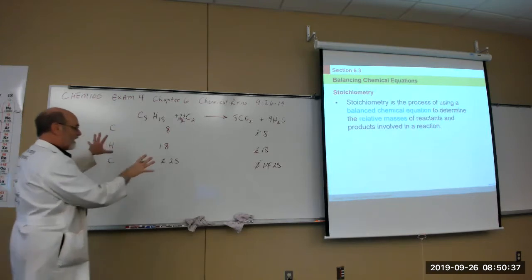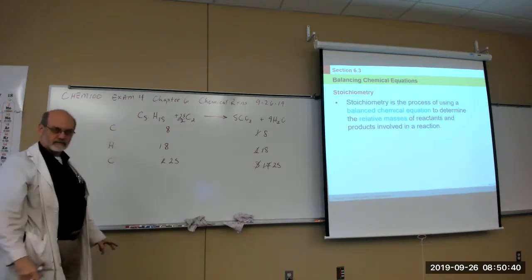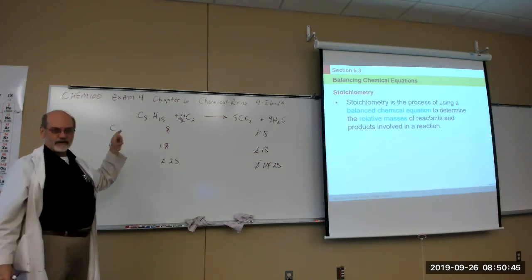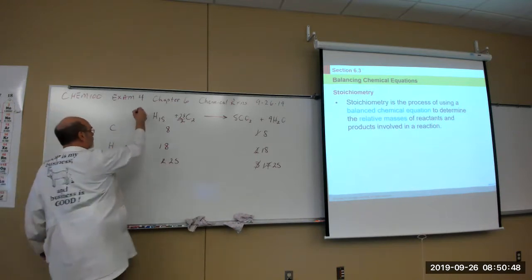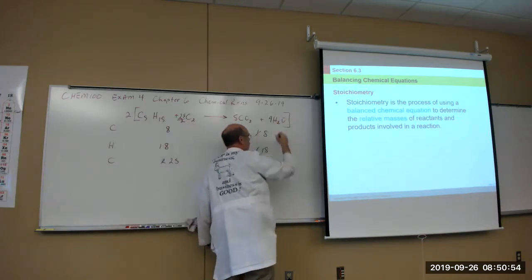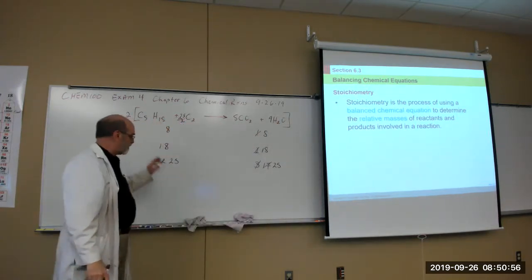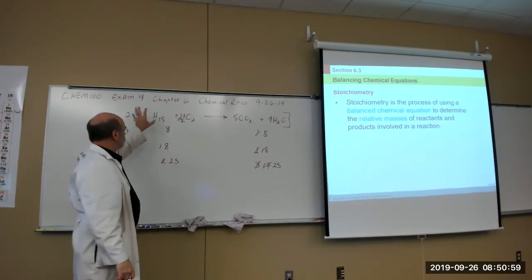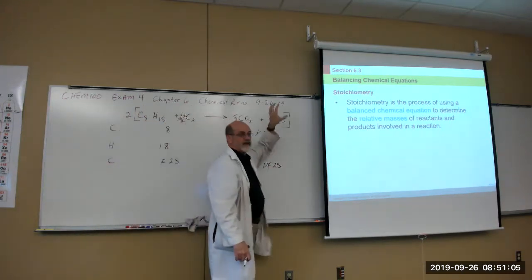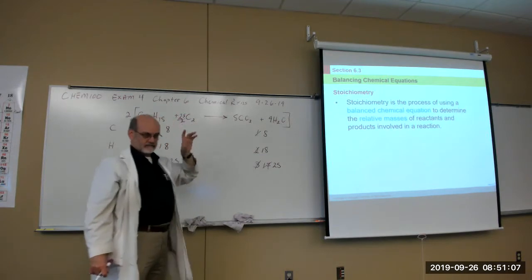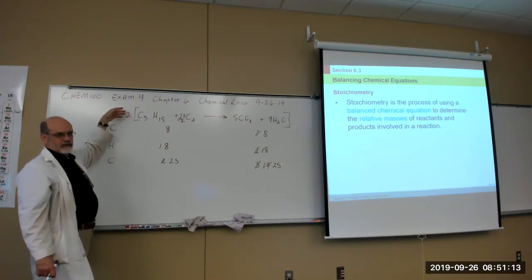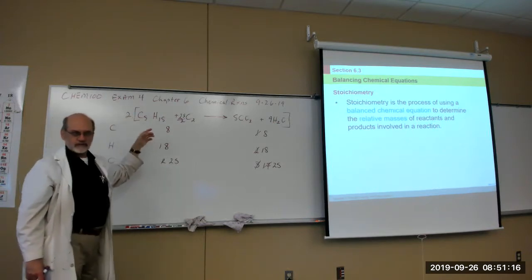So now that we've got it balanced, we want to get rid of that fraction. How do you get rid of the fraction? Multiply the whole thing through by 2. Right? The ratio has already been established. We've balanced the equation, so the ratio of this to that, to that, to that is established. So now we can multiply or divide through by any number, and we have not changed the ratio.